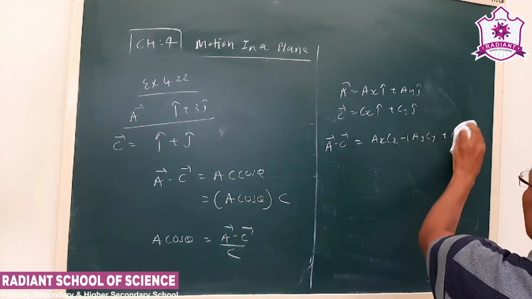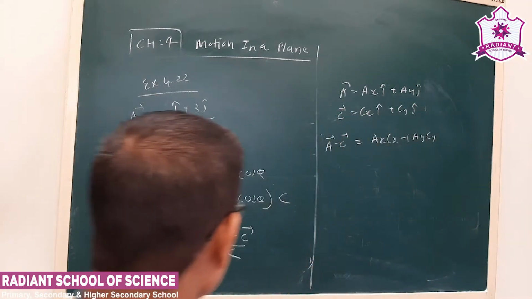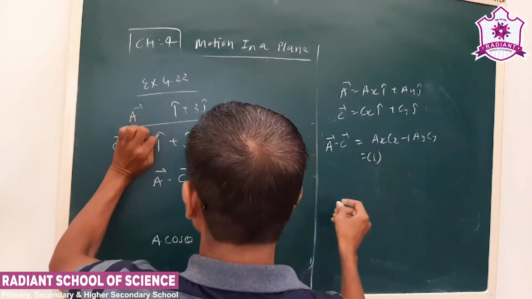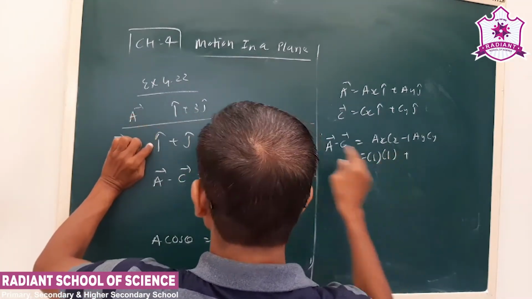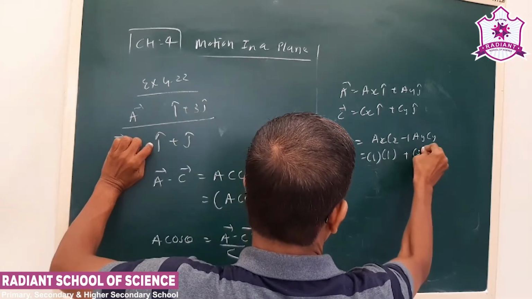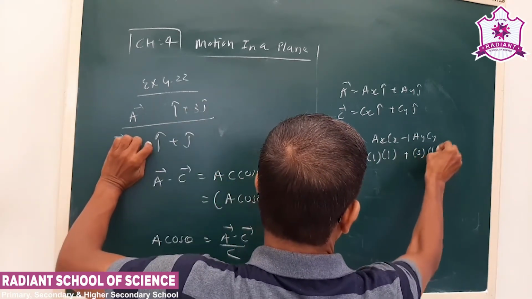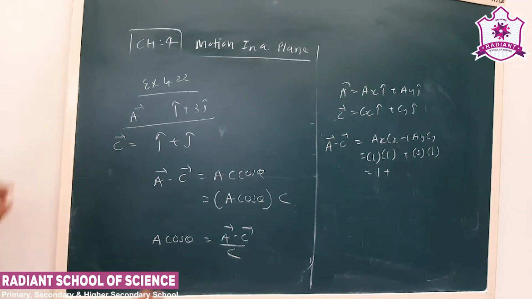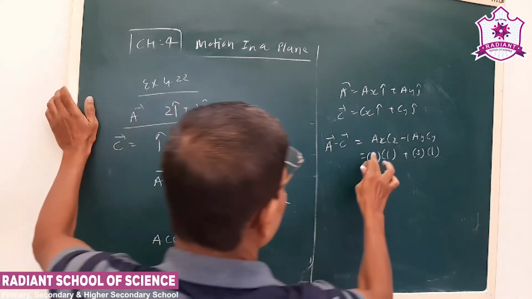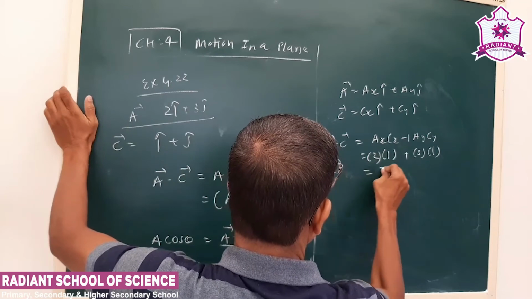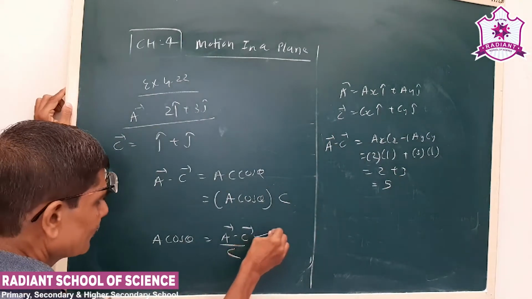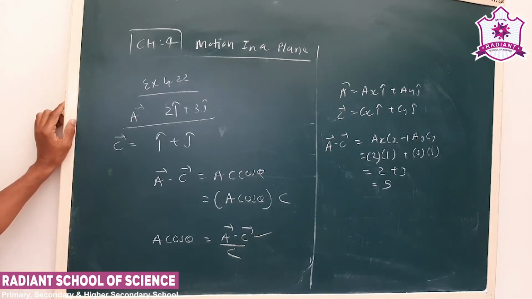Now what is AX CX? AX is 1, CX is 1, and CY is 3. Now it is 2i plus 3j. I have obtained the value of the numerator, that is A dot C.